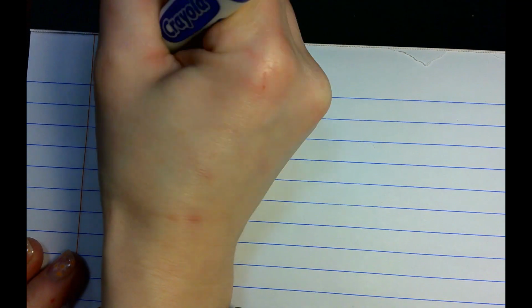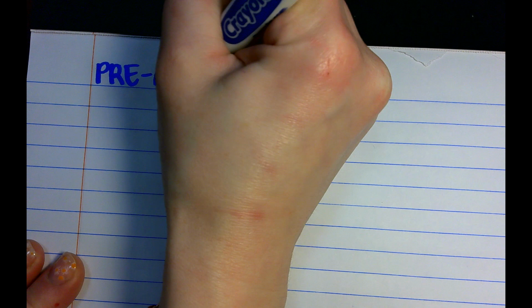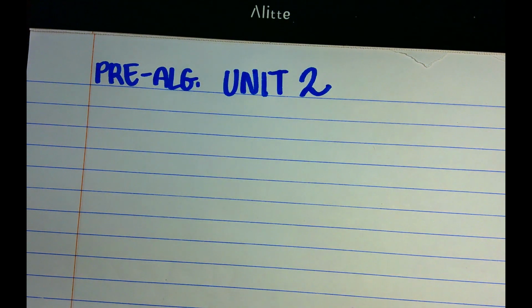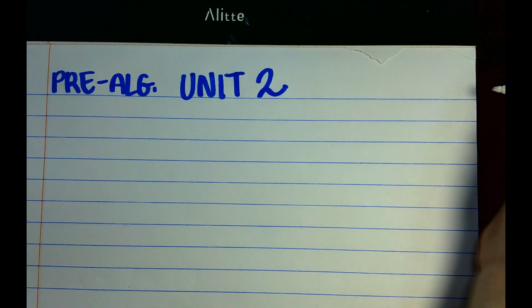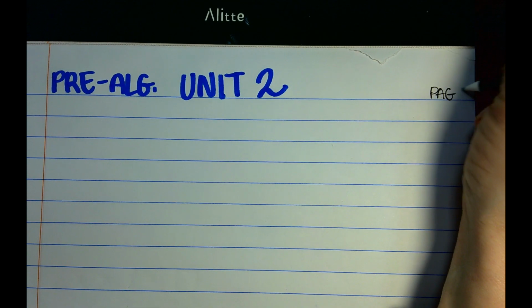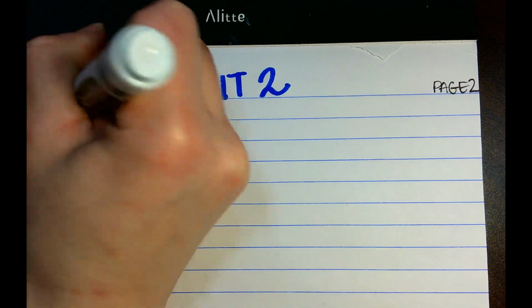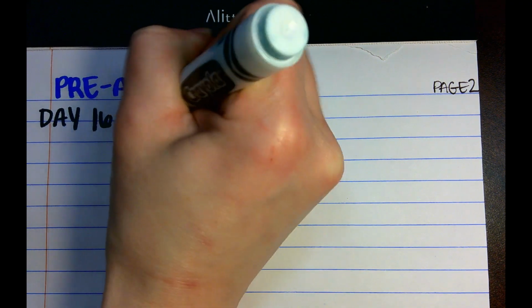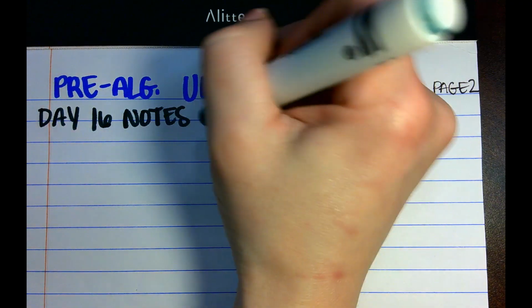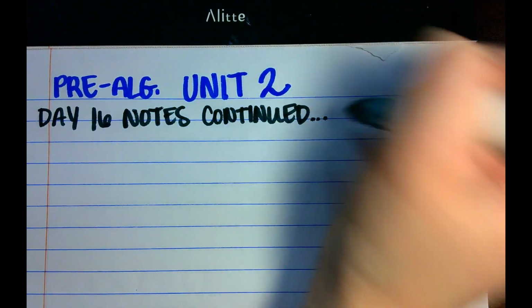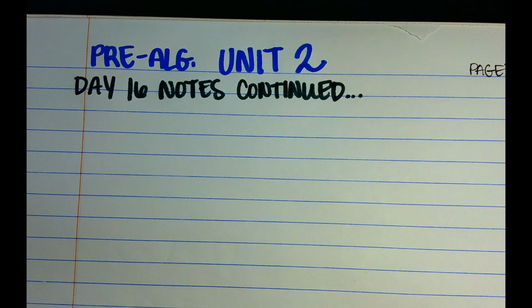So again, Pre-Algebra, Unit 2, page 2, and still day 16. And these are going to be problems to try on your own.